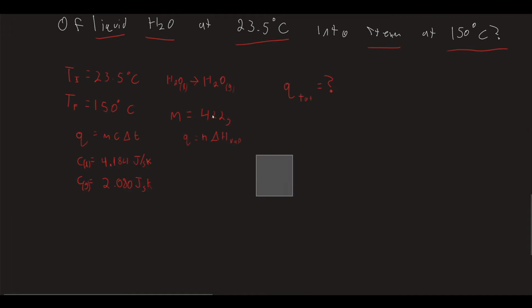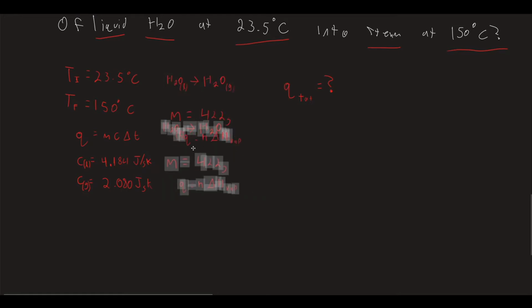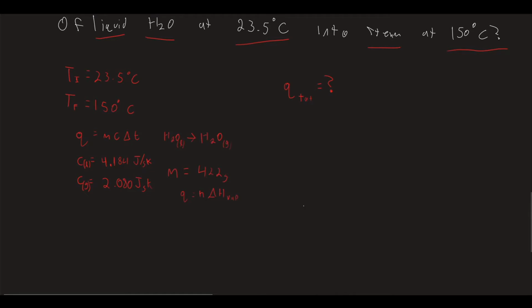So actually, let me pull this down so we can keep things neat. We need to convert the Celsius to Kelvin. Does anyone remember the equation for that? That number, 273.15?